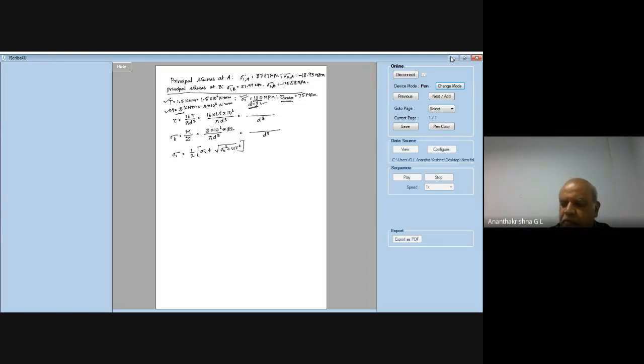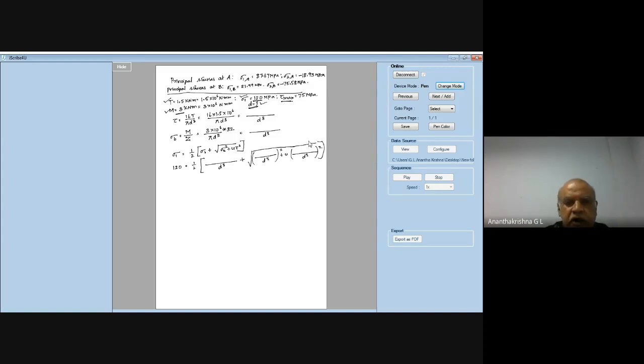Sigma 1 is given in the problem as 120 megapascal, that is equal to half of something divided by d cube plus root of something divided by d cube whole square plus 4 tau square, that is divided by d cube square.